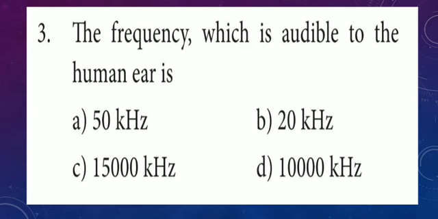Which is correct? The audible frequency is obviously 20 kilohertz, because the audible range is 20 hertz to 20,000 hertz. 1000 is nothing but kilo, therefore 20 kilohertz. So B is the answer.